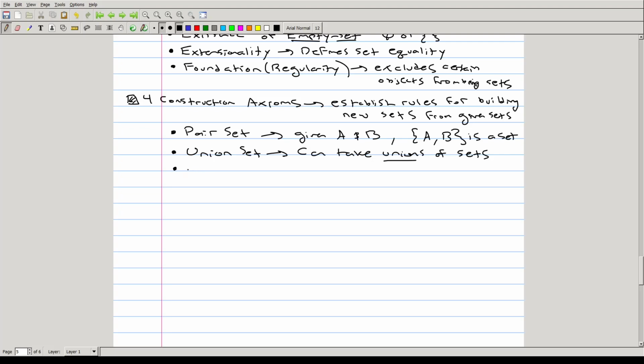We have the replacement axiom, and this is sometimes called separation or restricted comprehension.